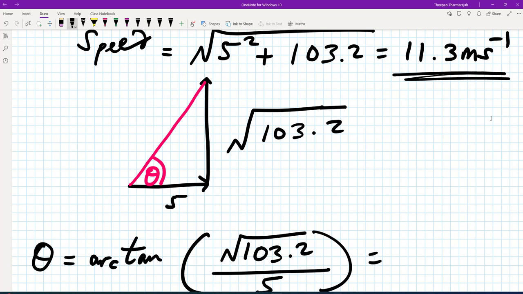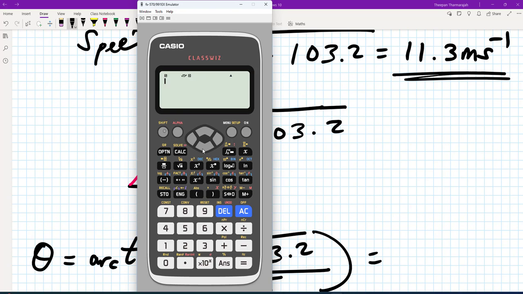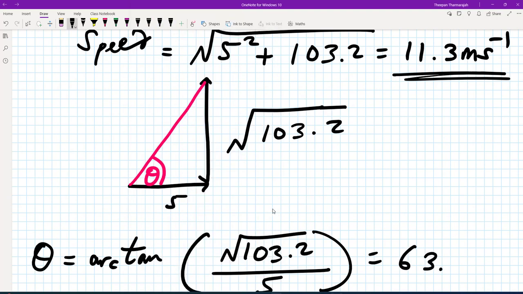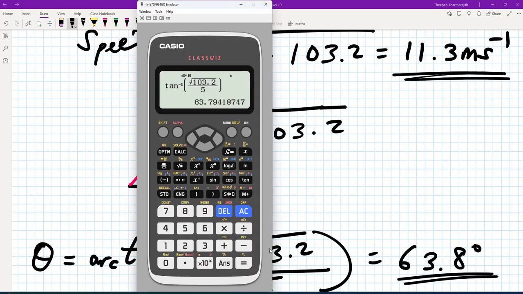And we're going to round that to 1 decimal place. And that's going to give me 63.8 degrees to 1 decimal place.